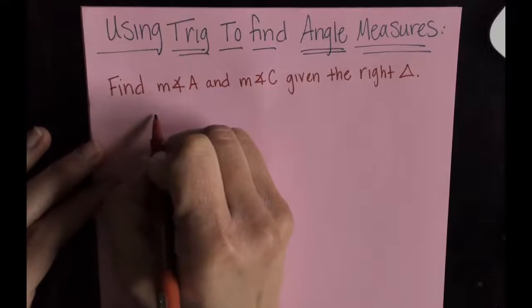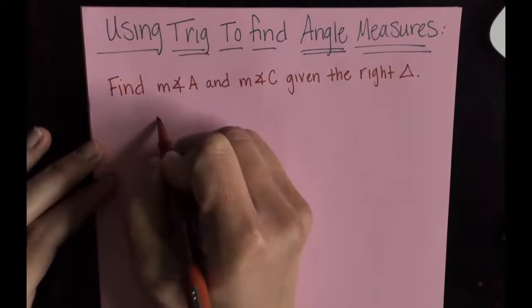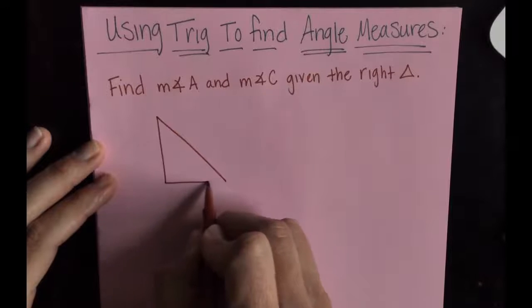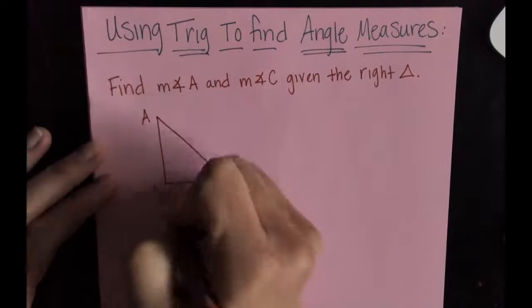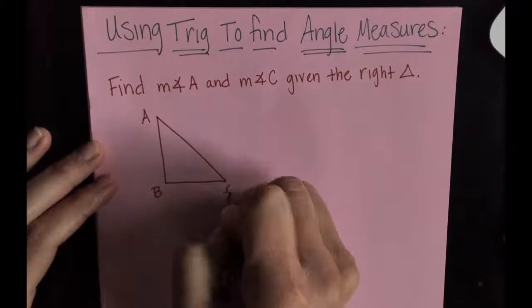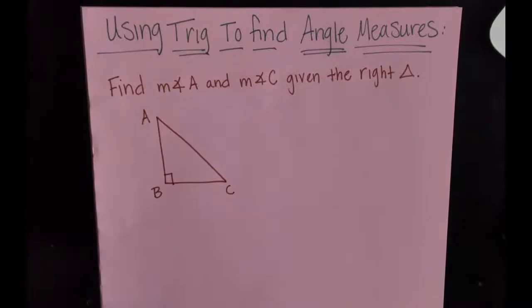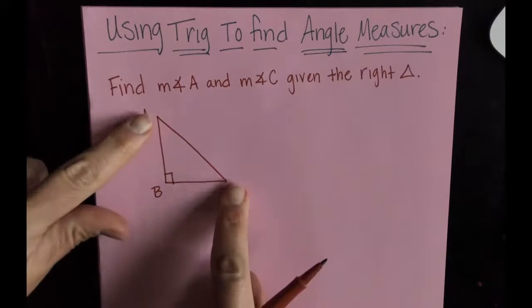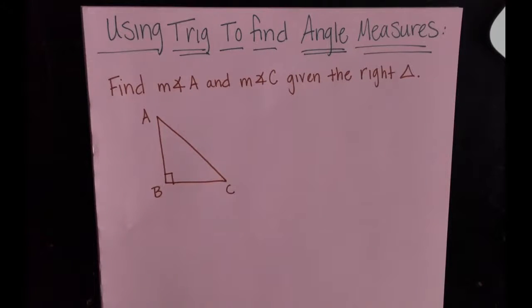So in our right triangle, our acute angles are the ones that we want to be looking for. Again, we cannot use trig functions to find anything that has to do with our hypotenuse or the 90-degree angle. It always deals with our acute angles.